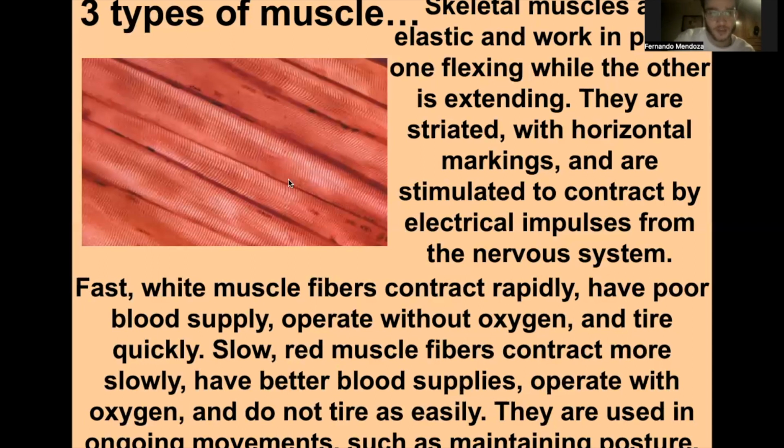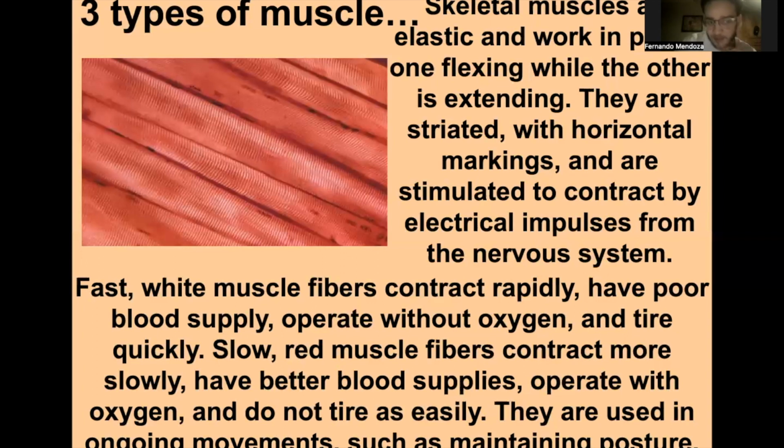They are striated with horizontal markings and are stimulated to contract by electrical impulses from the nervous system. The nervous system is an important part of the function of this type of muscle, because its work is going to provoke the movement of these muscles, the contraction and the expansion of these types of muscles.